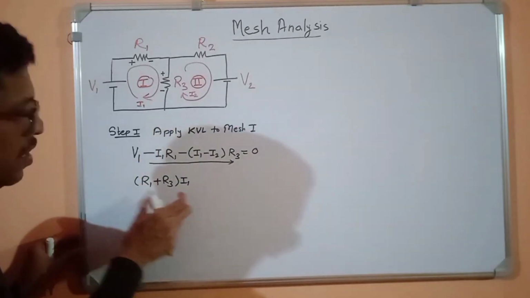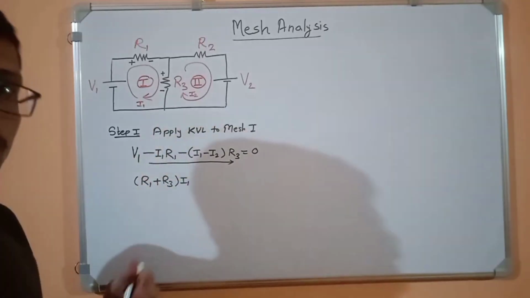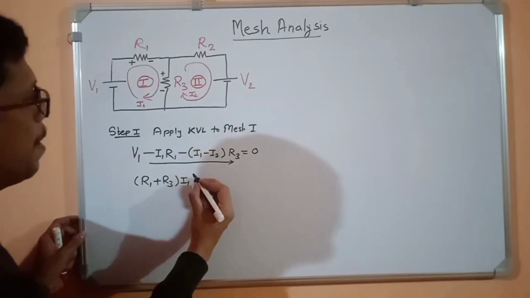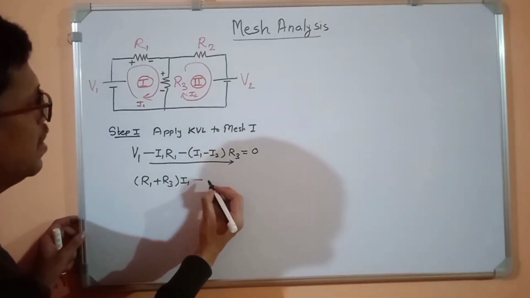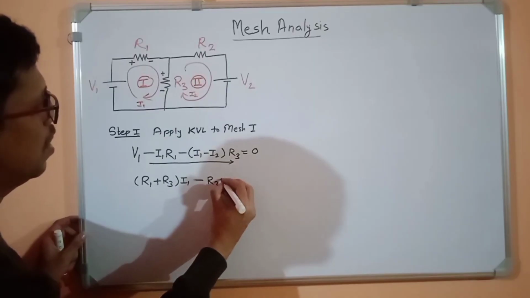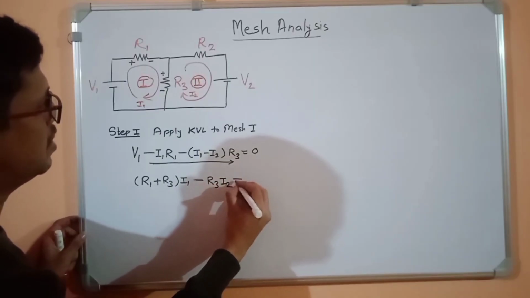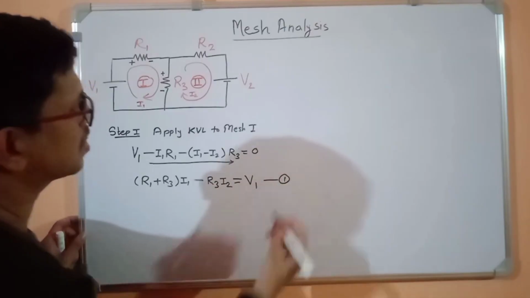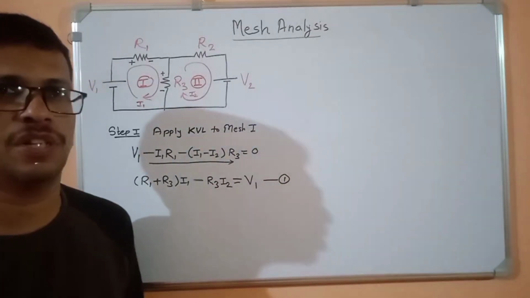The unknown is I1, and R1 and R3 values we know. So (R1 plus R3) I1, then minus R3 into I2 is equal to V1. This will become my first equation.